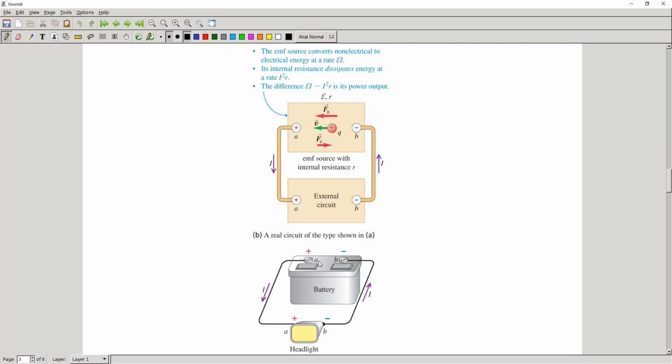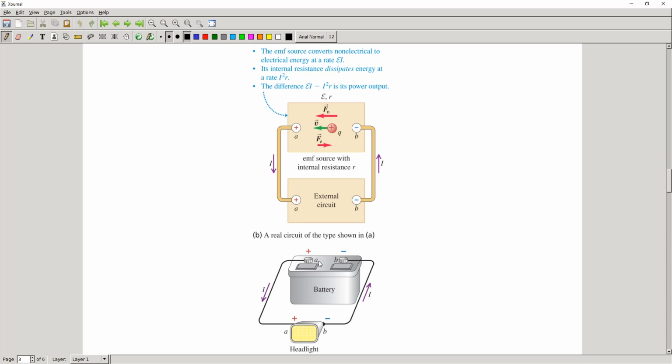So we have the EMF source. It converts non-electrical energy into electrical energy, right? So say this is a battery, we have some sort of chemical reaction going on that's forcing these charges upstream, forcing them from low potential at the negative terminal to high potential at the positive terminal.